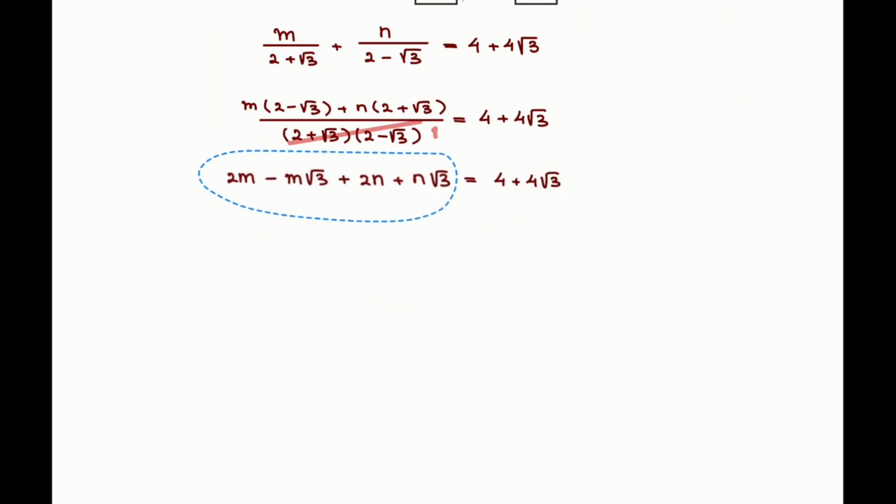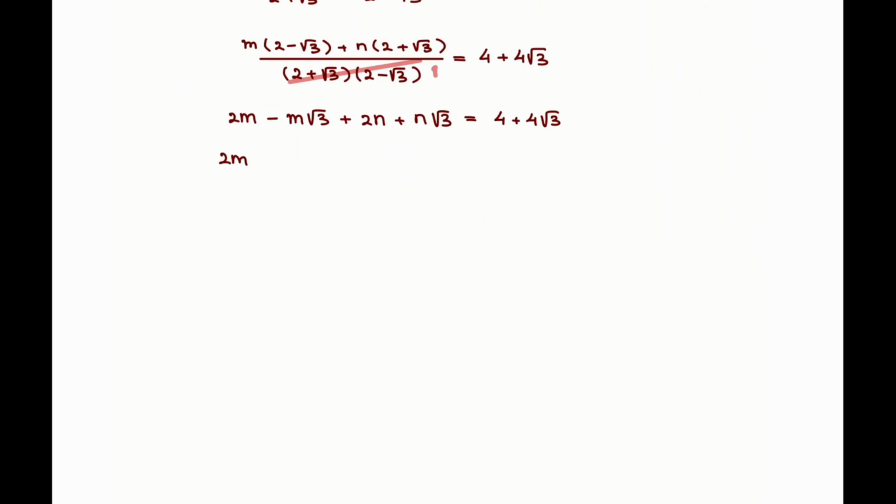I will obtain this. And then I can rearrange the left hand side into 2m plus 2n plus (negative m plus n) square root of 3 is equal to 4 plus 4 square root of 3. So I just rearrange, and 2m and 2n becomes this expression. And then for negative m root 3 and n root 3, I factorize the square root of 3. So I have (negative m plus n) times square root of 3.